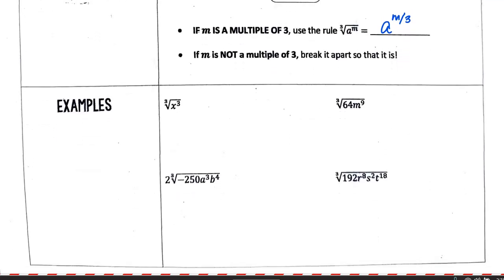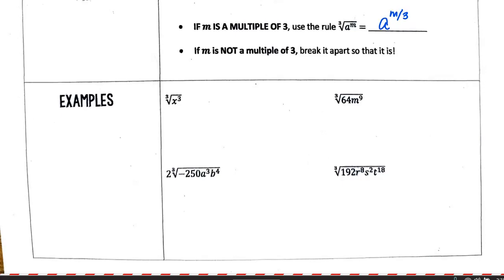We have the cube root of x cubed. So again, remember we know 3 is a multiple of 3, so it's 3 over 3, and that just is equal to x. On our next example, we have the cube root of 64 m to the 9th. 64 is a perfect cube.